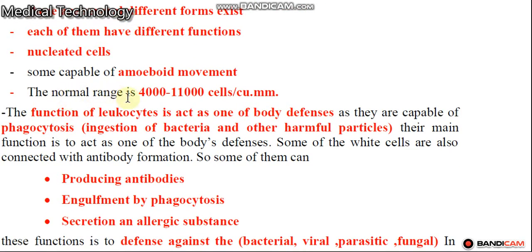The normal range of white blood cells is from 4,000 to 11,000 cells per cubic millimeter.